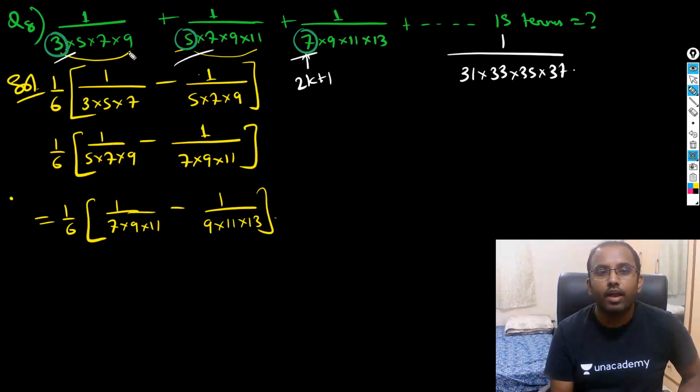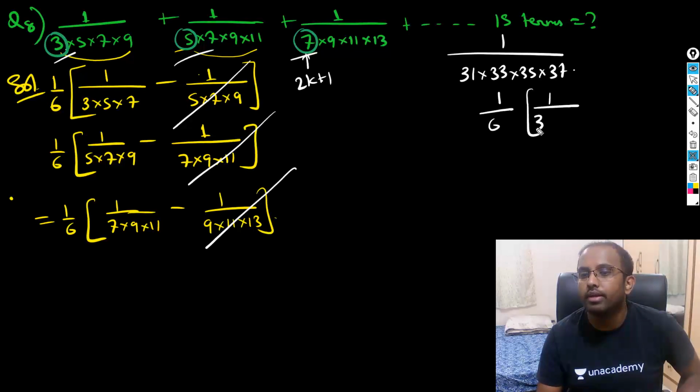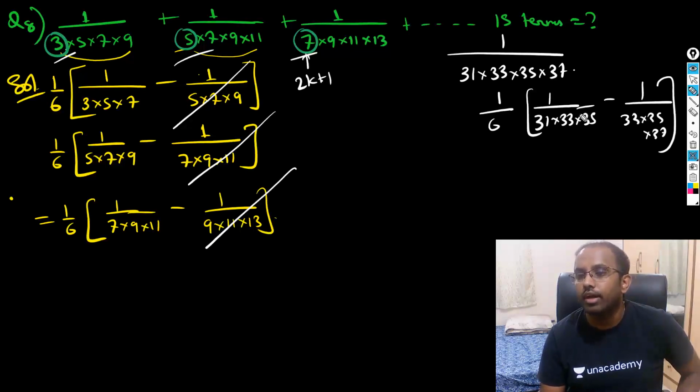Now these values will get cancelled. All these terms will get cancelled after adding, and even if you break it like this, 1 by 6 will go outside upon 1 by 31, 33, 35 minus 1 by 33, 35, 37, and this again will get cancelled.